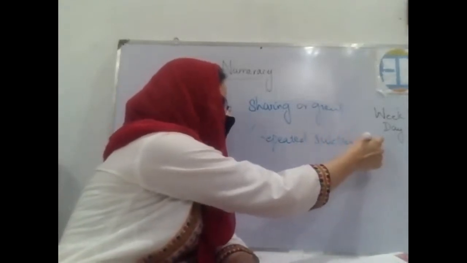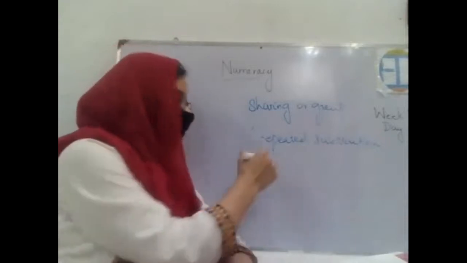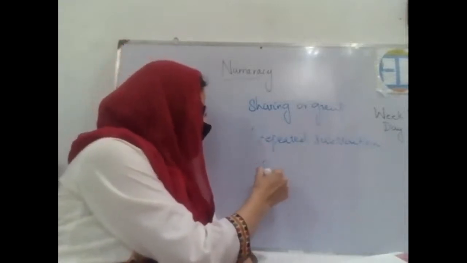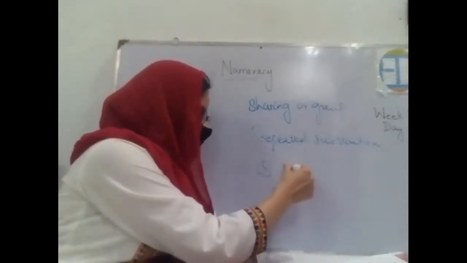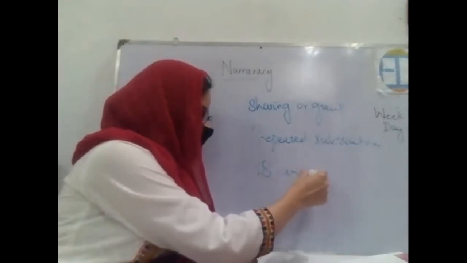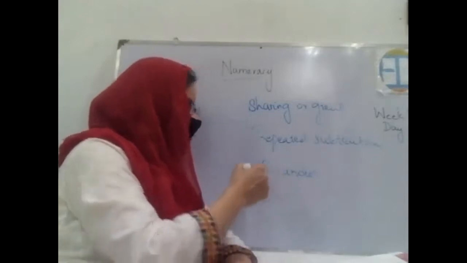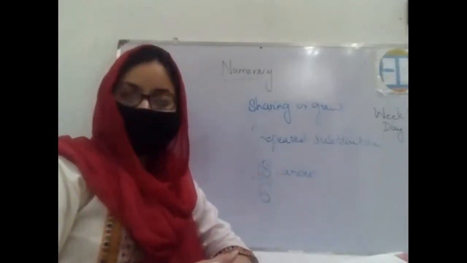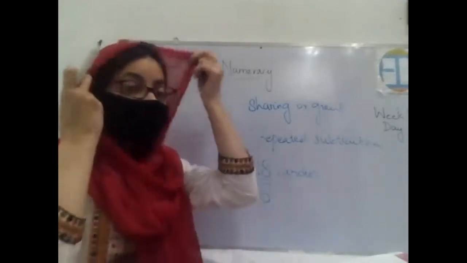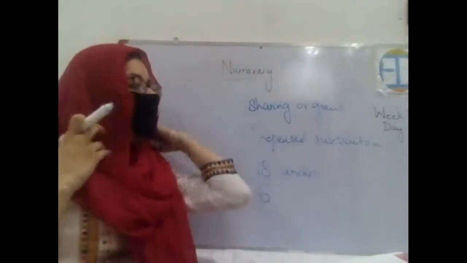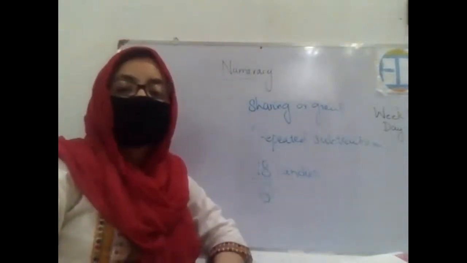Let's say if I ask you that you have 18 candies and you are supposed to share it among 6 kids, okay? So how many candies does each kid have?